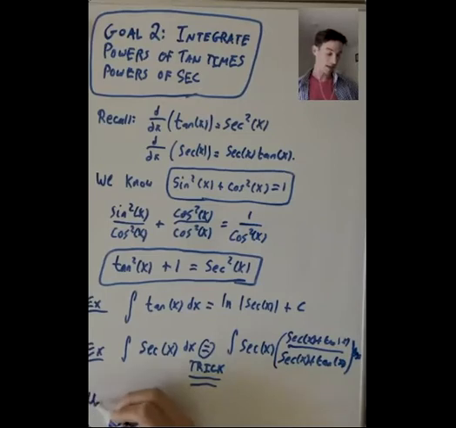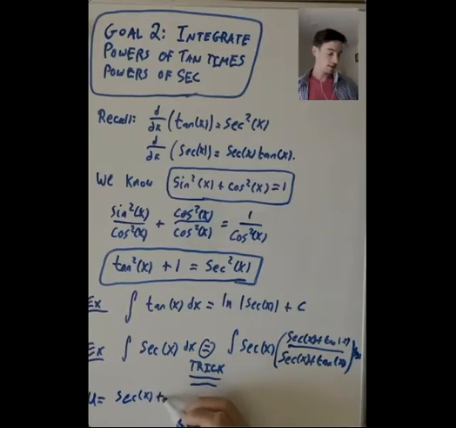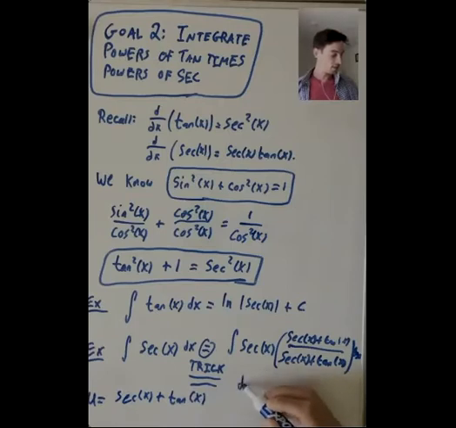Because if you set u equal to the denominator, u equals secant of x plus tangent of x, then what is du? du is equal to the derivative of secant plus the derivative of tangent, dx.